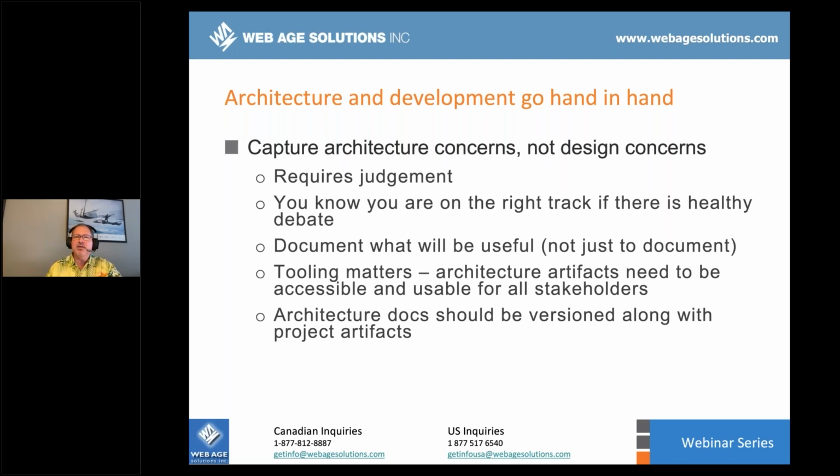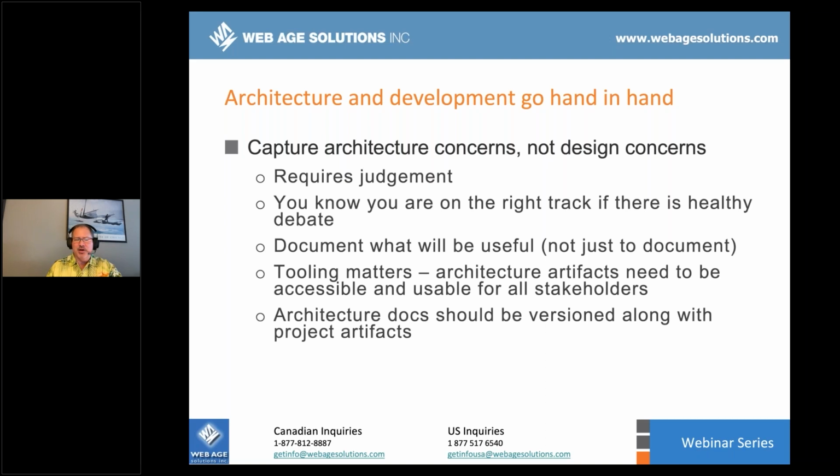Well, the value in documentation is not what I'm going to do tomorrow, but what somebody else is going to do 6 weeks from now or 6 months from now or a couple of years from now. And so part of what we want to think about in capturing architectural concerns and how we capture them is what people who are working on this product later are going to need, and how can we benefit them?